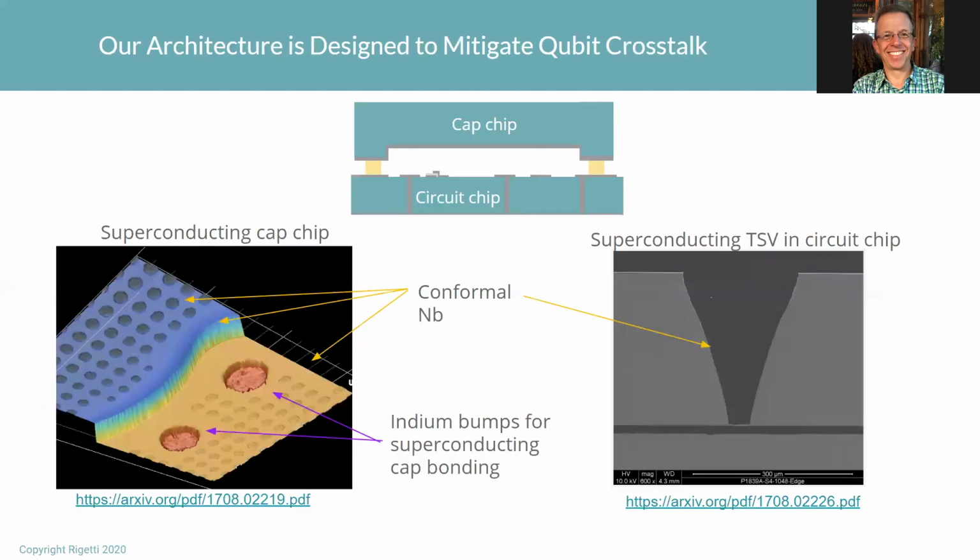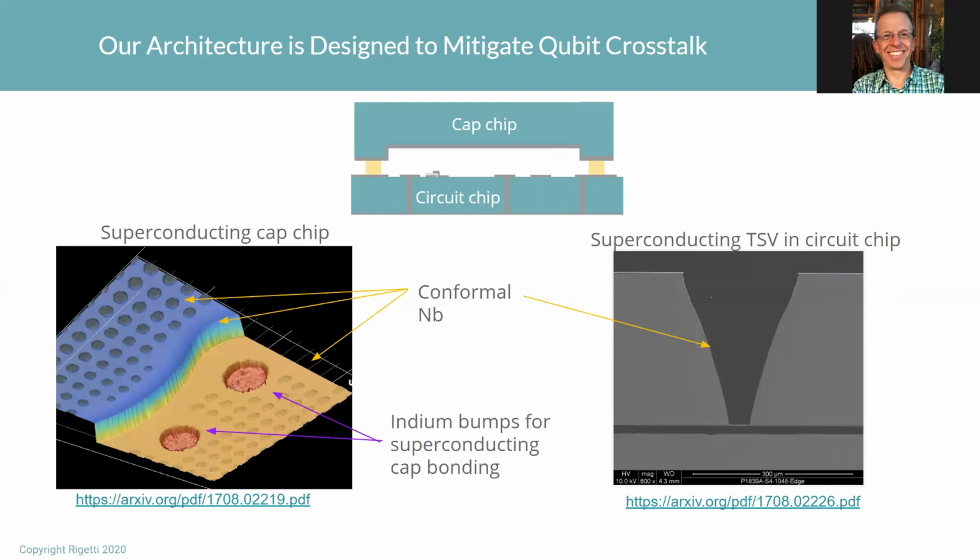As I said, the idea of the architecture that Rigetti has been pulling together is that we create a Faraday cage around our qubits, and that should minimize the crosstalk between qubits.